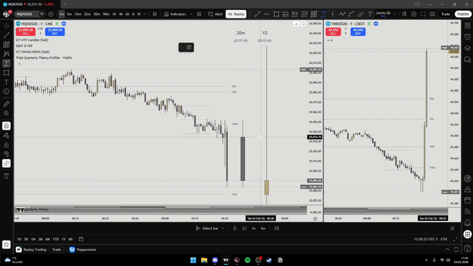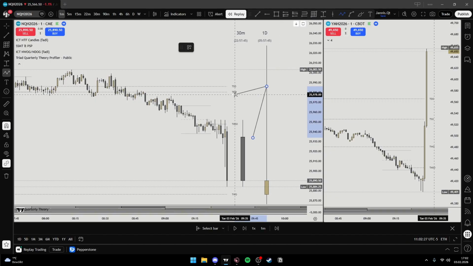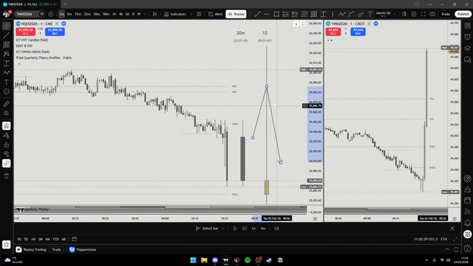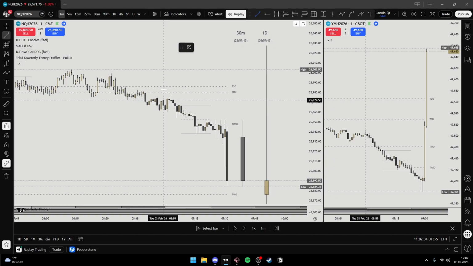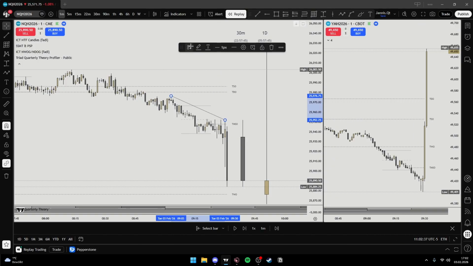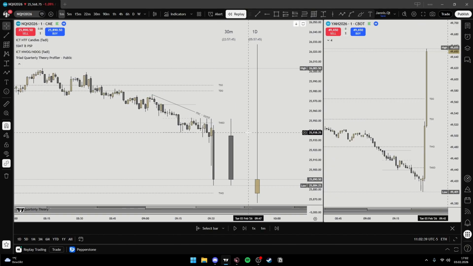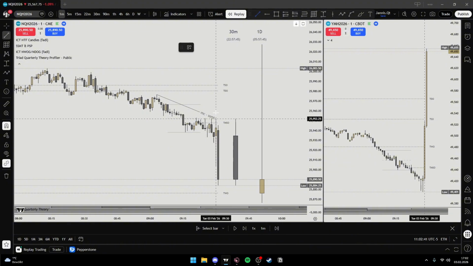But some of you might say this is not a good manipulation, we should go higher to maybe the true open to then continue lower. Yes, I can see why you think that, but we actually have a time-based SMT here as well. And if you look at the 9:30 candle high, NQ failed to put in another high, so that's a failure swing.